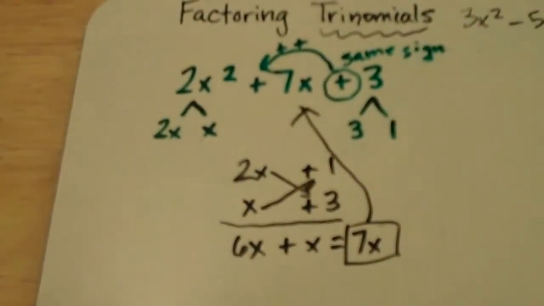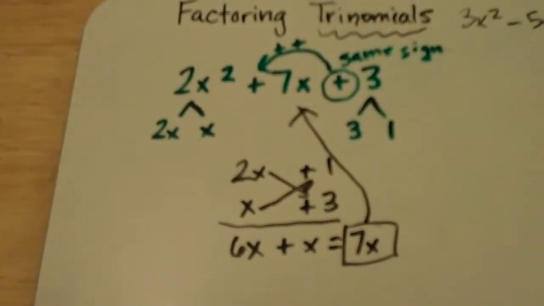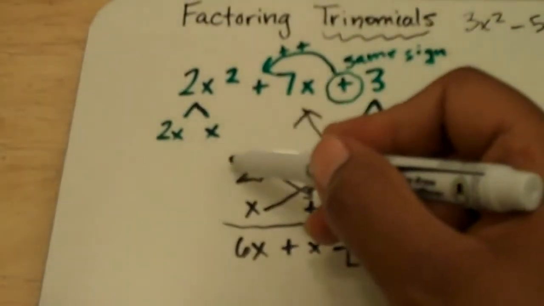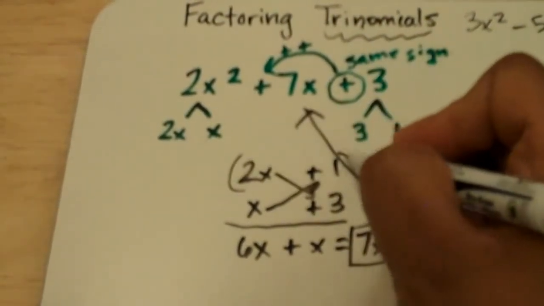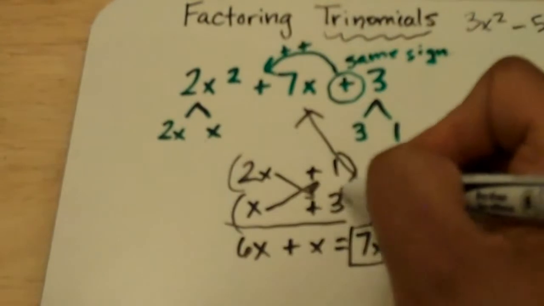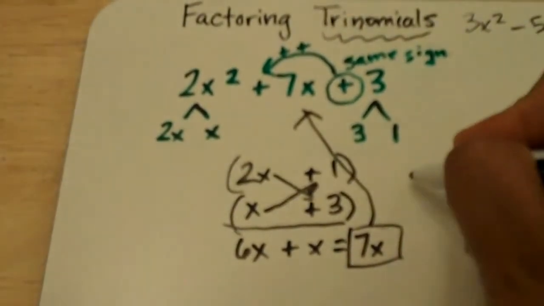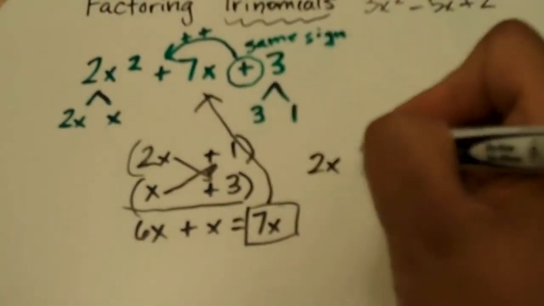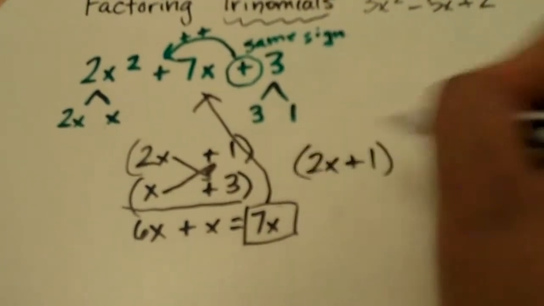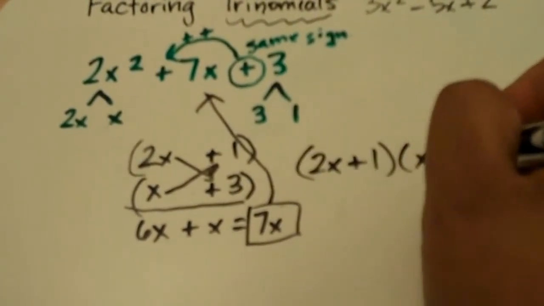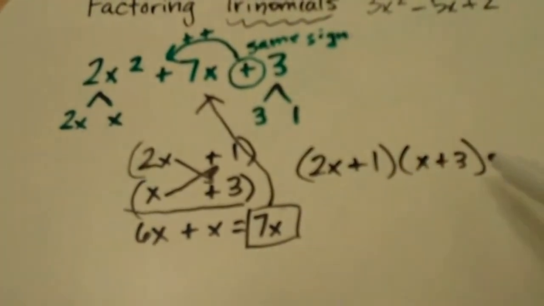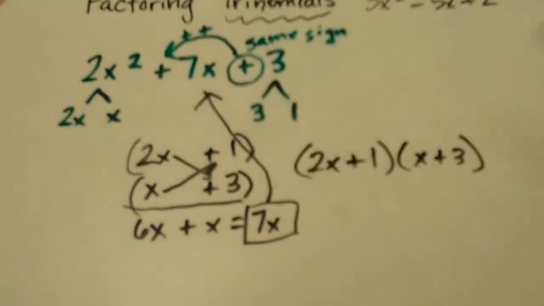So now we have what we need to complete our factors. Here we have 2x plus 1 and x plus 3, 2x plus 1 times x plus 3. If we multiply this back out, we'll get the same thing that we started with.